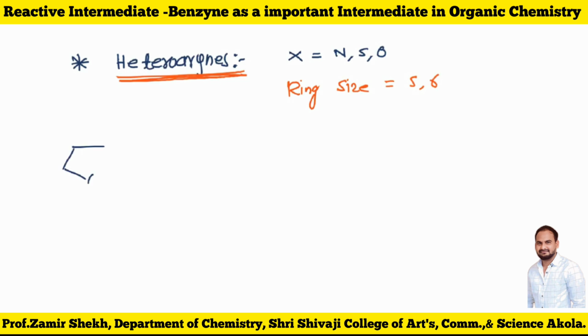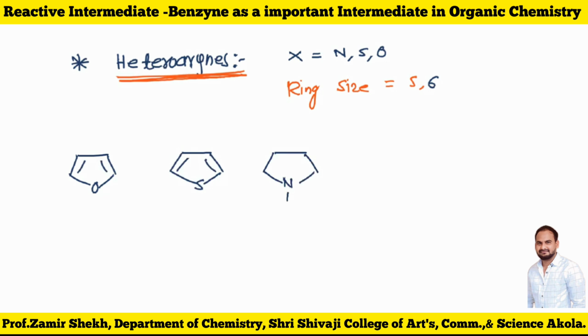For example, suppose this is a heterocyclic molecule, 5 or 6 membered. So this is my first molecule and second molecule. The first is called furan, the second is thiophene, and the third is pyrrole. Now these molecules participate in the elimination of 2 hydrogens, which are marked in red color.